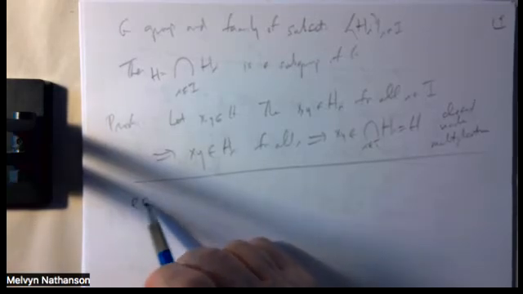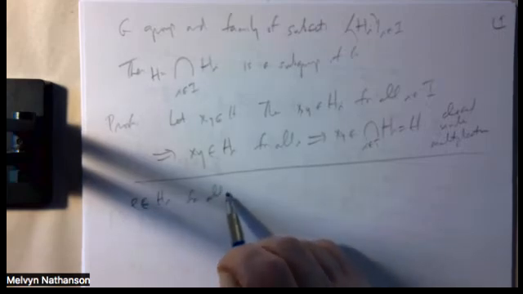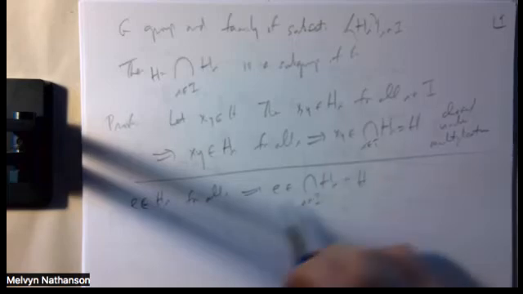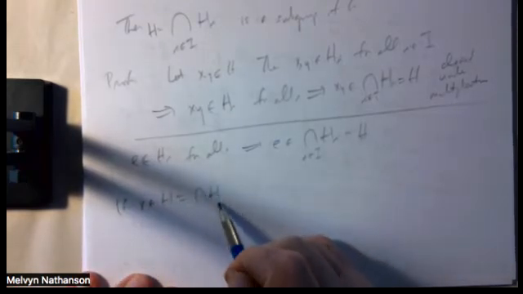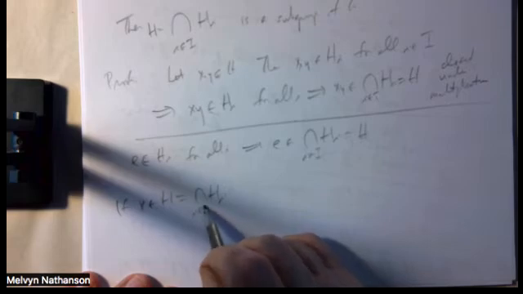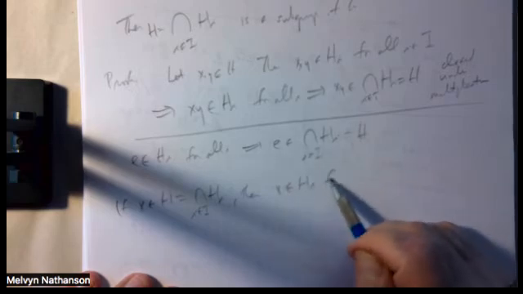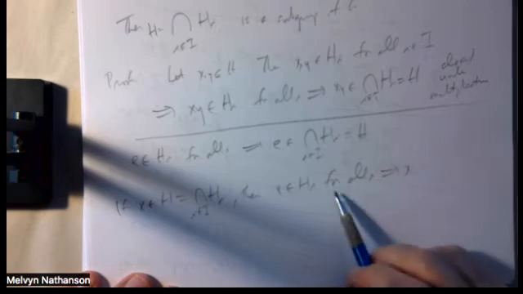We have the identity is in every group. So the identity is in H sub I for all I. So the identity is in the intersection of all the H sub I's. So H contains the identity. And if X is in H, which is the intersection of all these subgroups, then X is in H sub I for all I. And each of these is a subgroup.